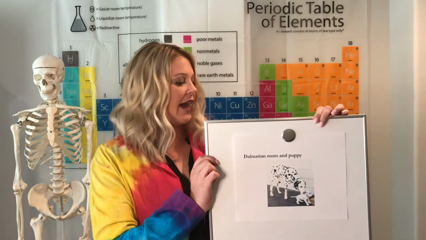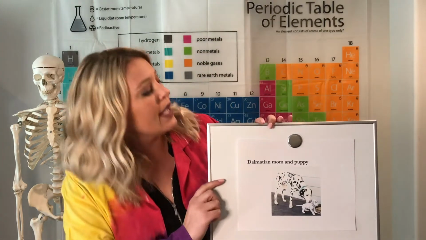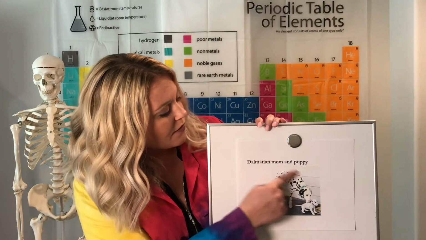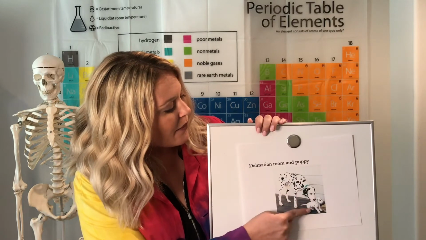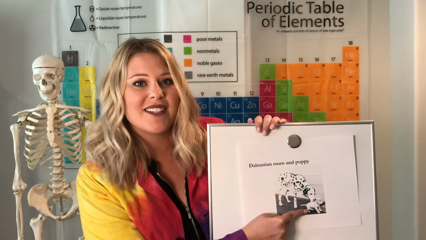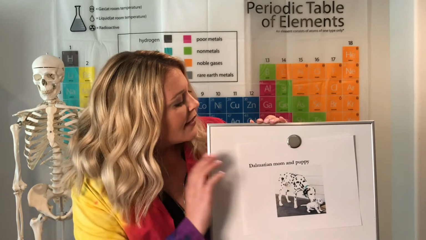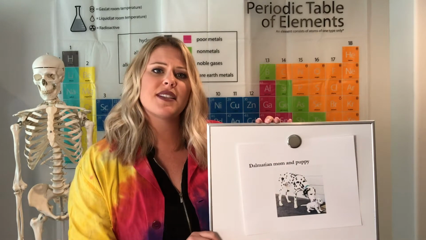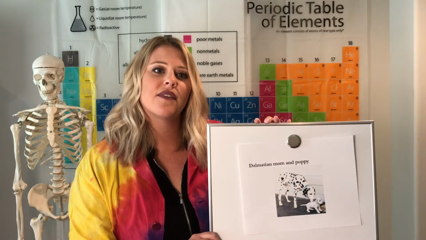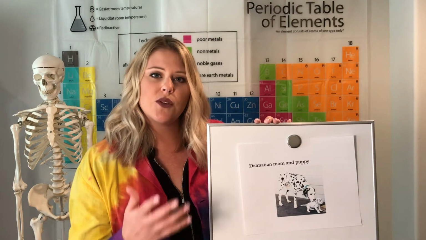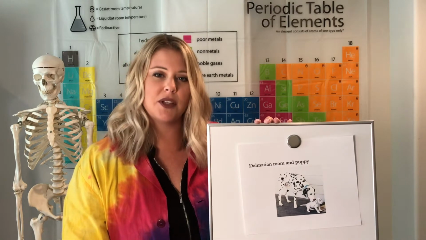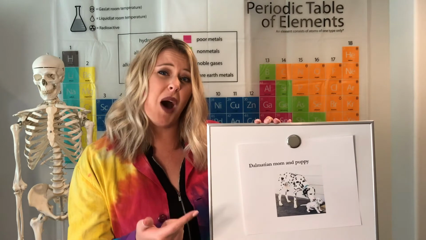If you take a look at our Dalmatian, we have a mom Dalmatian, and we have a baby Dalmatian, or a pup. Let's take a look. I'll give you a couple seconds. Do you see any traits that are similar between the pup and the mom Dalmatian?